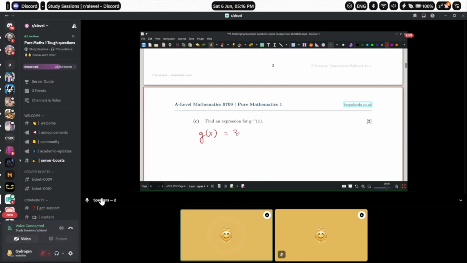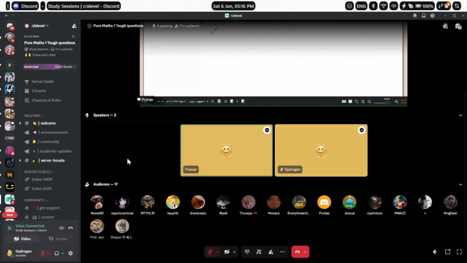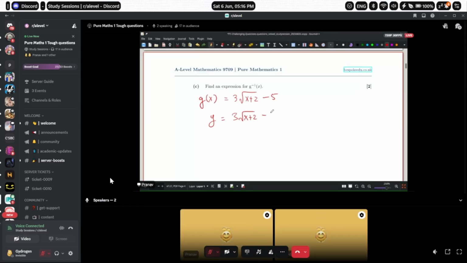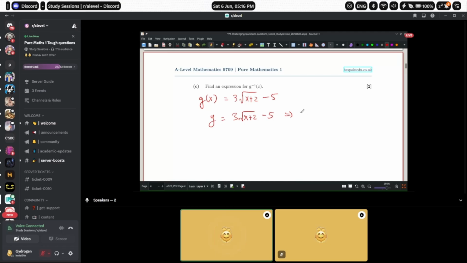g of x is 3 root x plus 2 minus 5. Now to find the inverse of a function, you let y equal whatever the expression is, and then from this you solve for x. So you get 3 root x plus 2 equals y plus 5. Root x plus 2 is 1/3 (y plus 5).